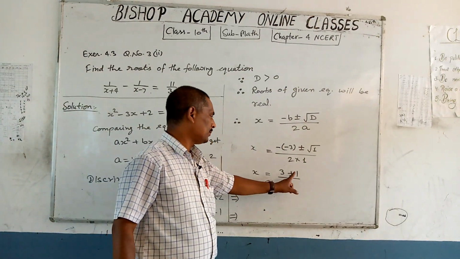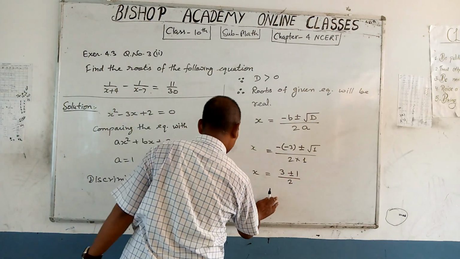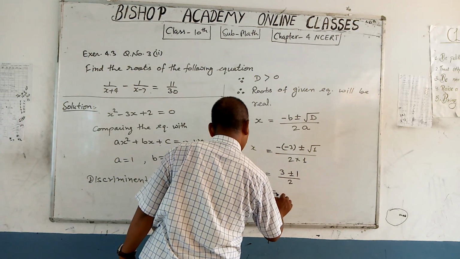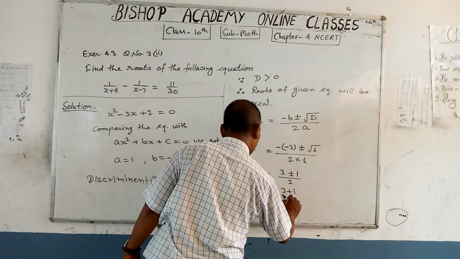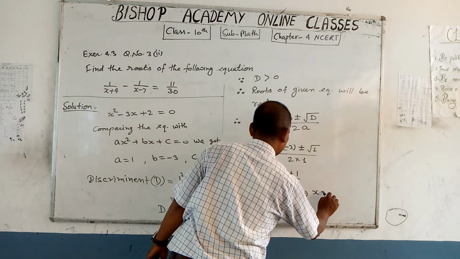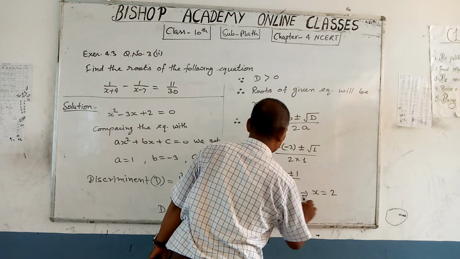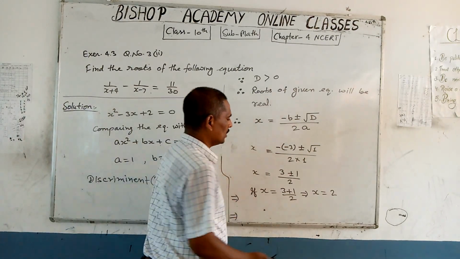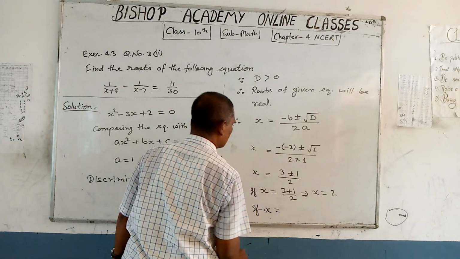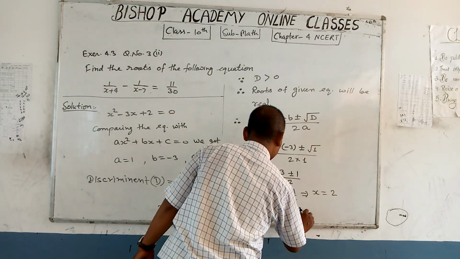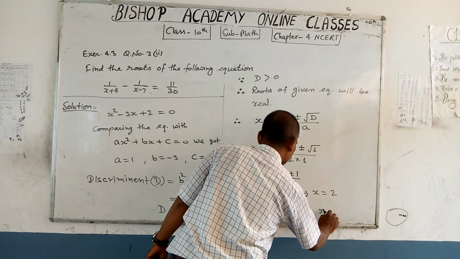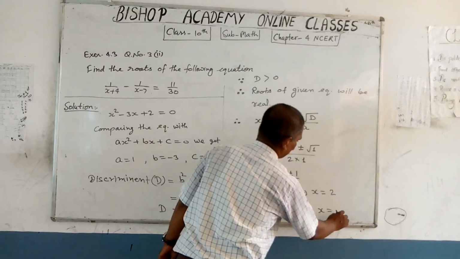Here taking positive 1, if x is equal to 3 plus 1 upon 2, 4 upon 2, x is equal to 2. If x is equal to 3 minus 1 upon 2, this shows x is equal to 1.